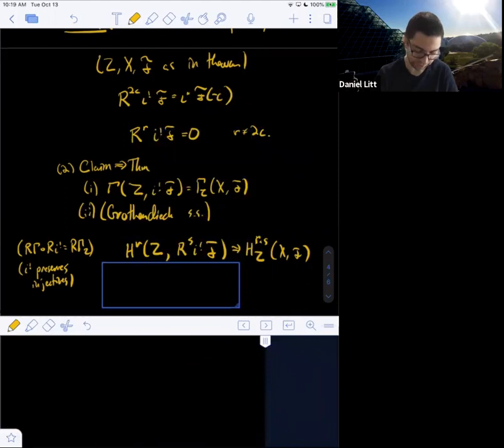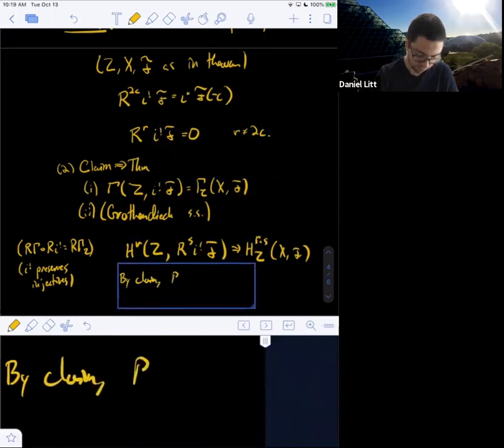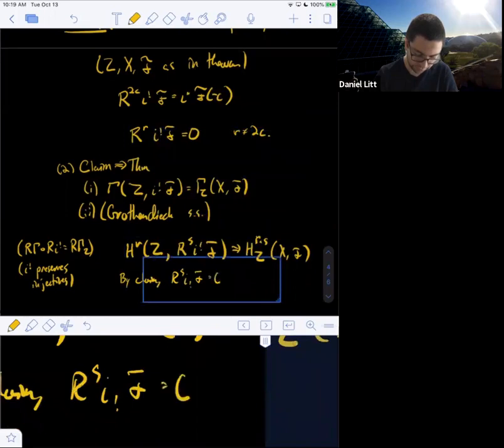Yeah, so exactly right. So by the claim, R^S i upper shriek of F equals 0 for S not equal to 2c.